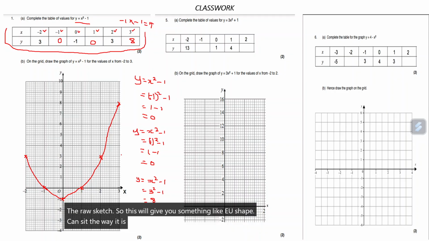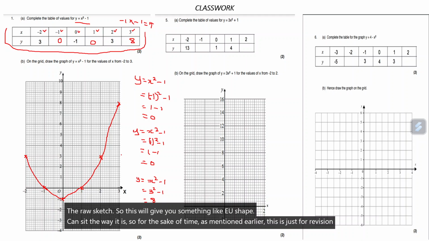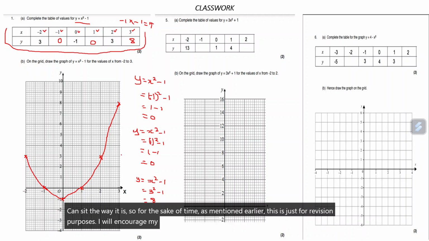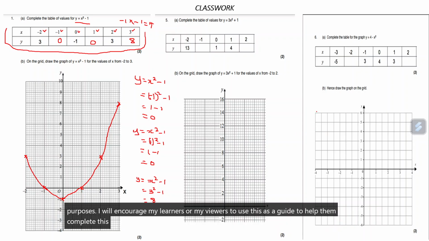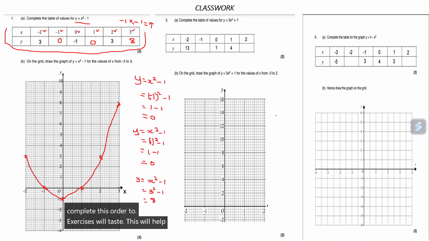For the sake of time, as mentioned earlier, this is just for revision purposes. I will encourage my learners or my viewers to use this as a guide to help them complete these other two exercises. This will help you to know if you are actually making progress.